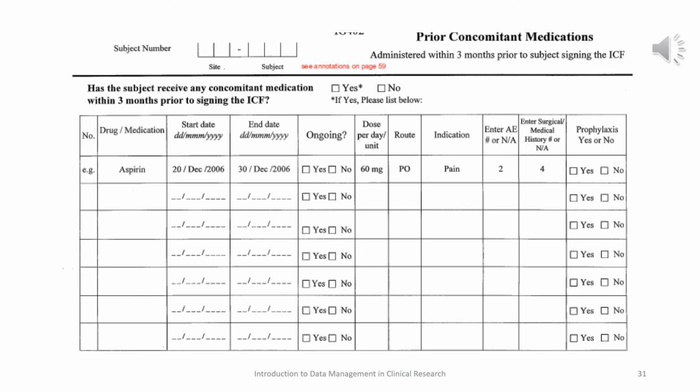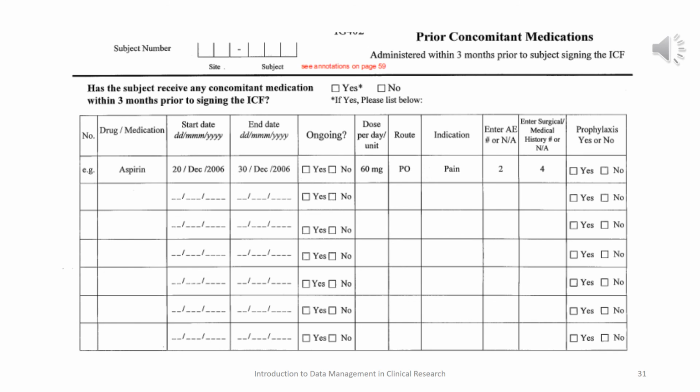Then the next column is going to be the route. That could be by mouth, PO, that's what that means. Could be intravenously. It could be an infusion. It could be some type of topical medication that you rubbed across your skin. So that could be any number of routes.